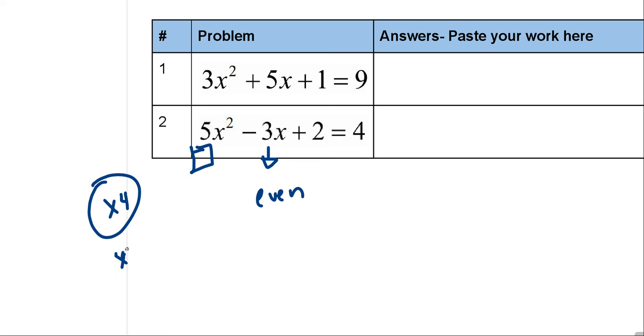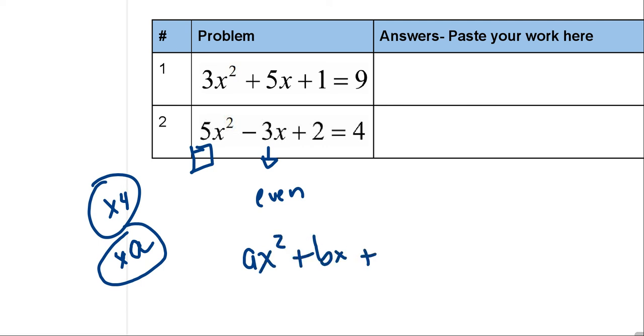Namely, whatever it is, we call it a, because we often recall from a previous year, that's ax squared plus bx plus c. So you multiply by a, you multiply by 4. Everything is hunky-dory. That is it for all integer-based questions.